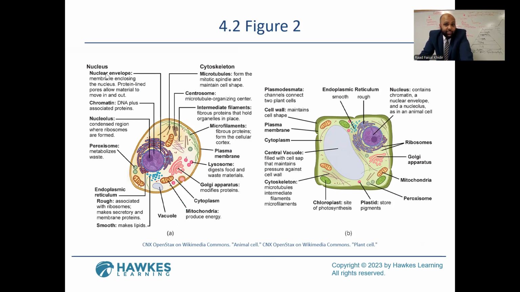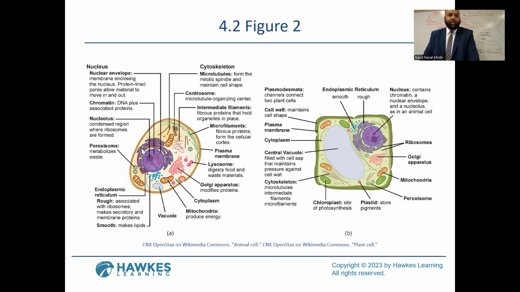What is the nucleus? What is it for? So the nucleus has a nuclear envelope, which is a membrane enclosing the nucleus and protein-lined pores that allow the material to move in and out.